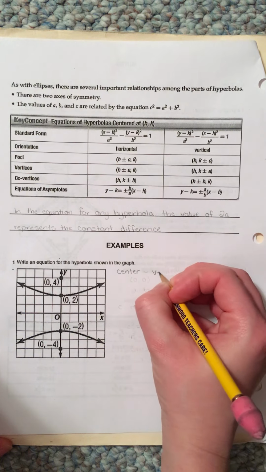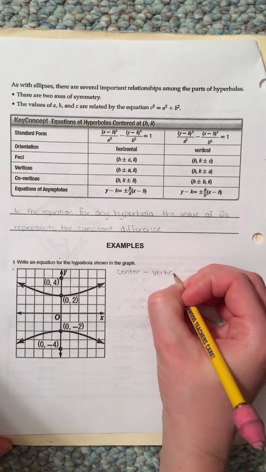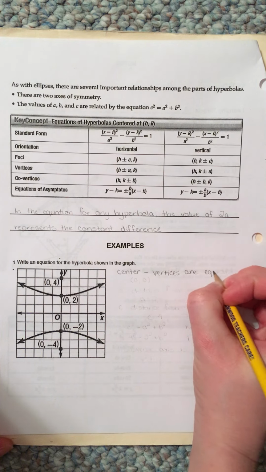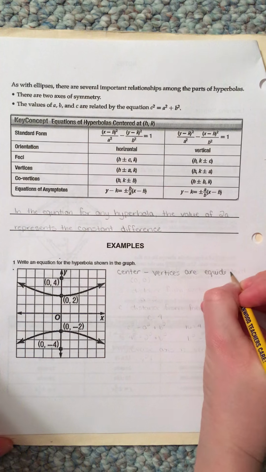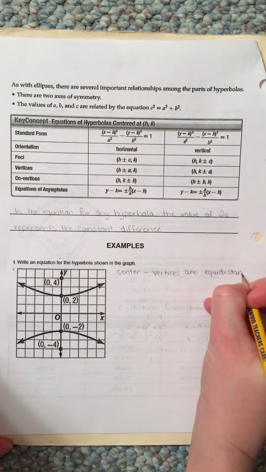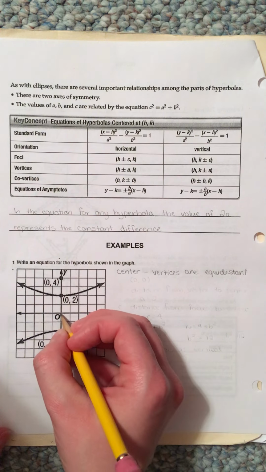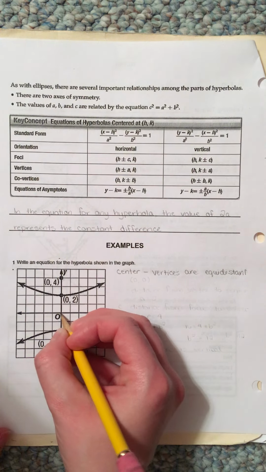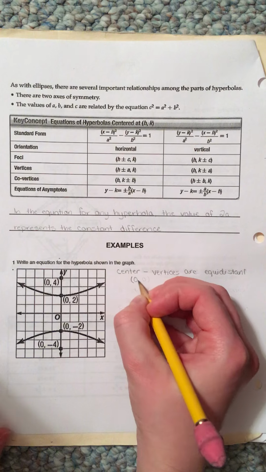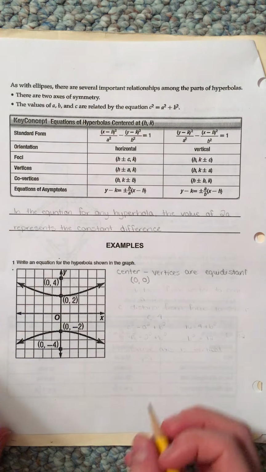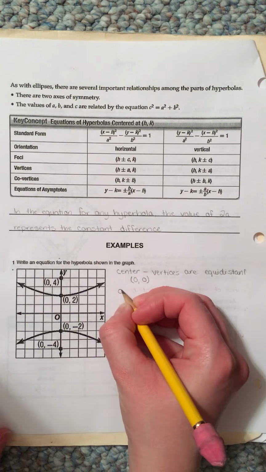And our vertices are equidistant from our center. So I can see my vertices here at (0, 2) and (0, -2), and that would mean that my center is here at (0, 0). And then we need to find a.